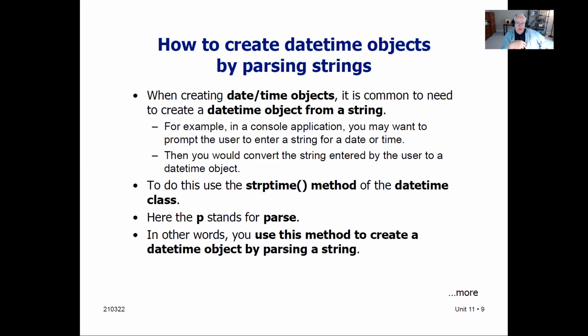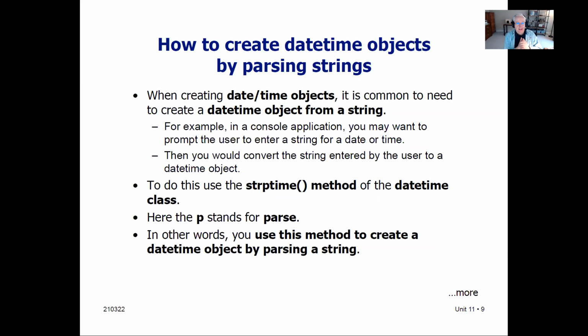At the end of this unit, we're going to do a hotel reservation program, which is really cool. And we're going to ask for two dates, the arrival date and departure date. Okay, so those are strings. So we can convert that string to a datetime object, using the right method, using the right tool.